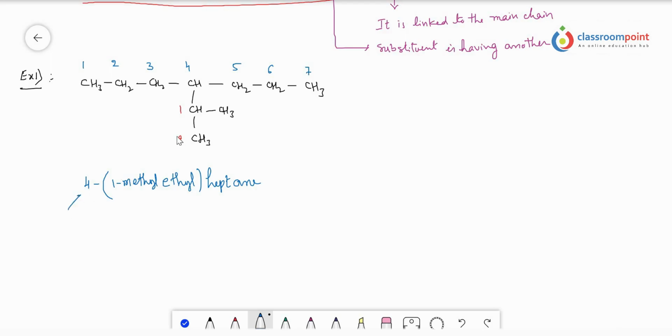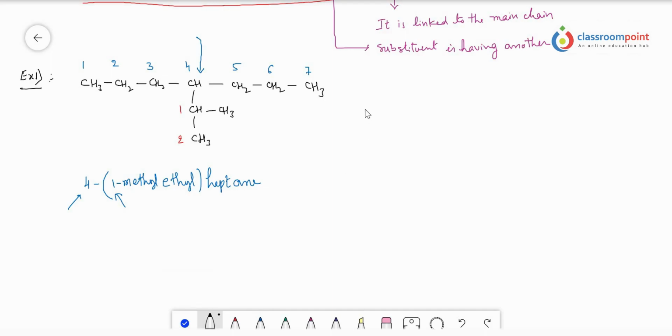Why 4? 4 represents that the substituent is linked from the 4th carbon atom of the main chain. And this 1 stands for the substituent of the substituent present on the 1st carbon atom of this substituent. So it is 4-(1-methyl, remaining 2 carbon atoms, so ethyl)heptane.